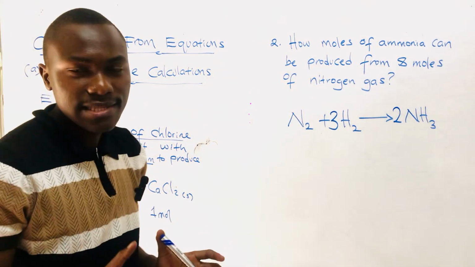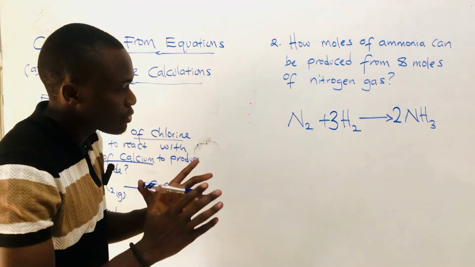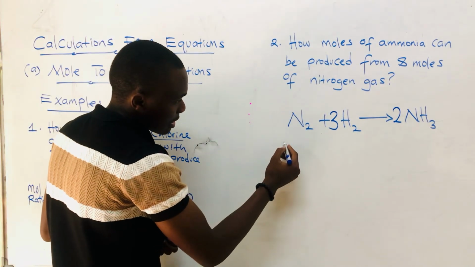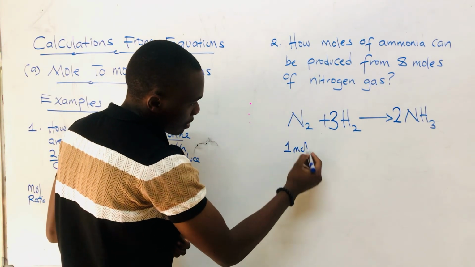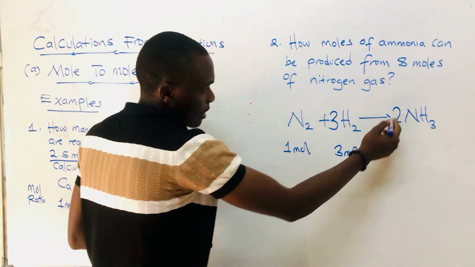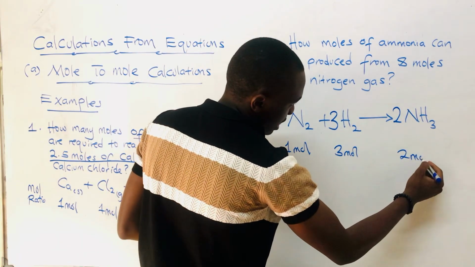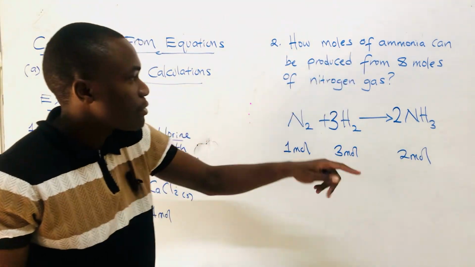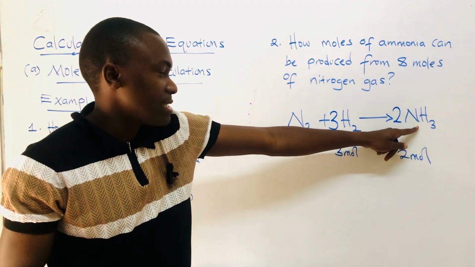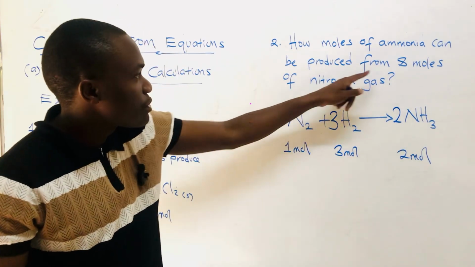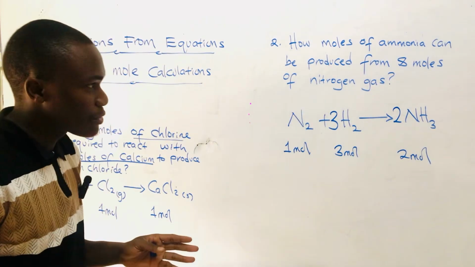So after we balance the equation, don't forget, we need to write the mole ratio. So the mole ratio, here in front, we say 1 mole. There is 3, so we say 3 moles. There's a 2 there, so we say 2 moles, like that. The question says how many moles of ammonia, where is ammonia? Ammonia is here. How many moles of ammonia can be produced from 8 moles of nitrogen?